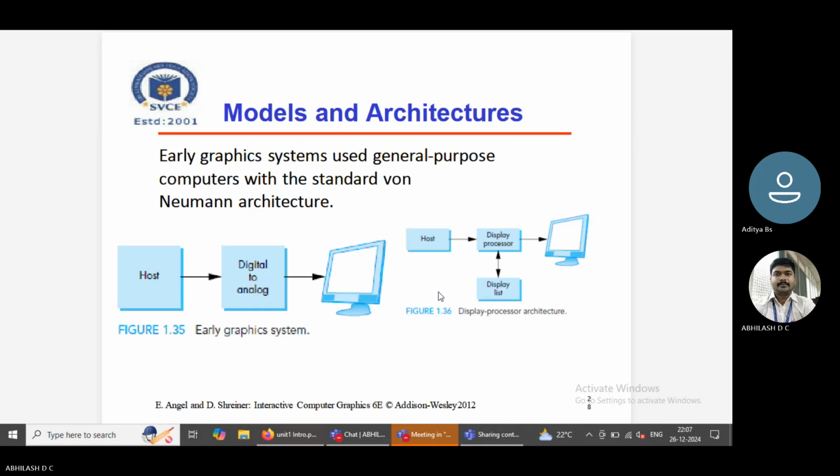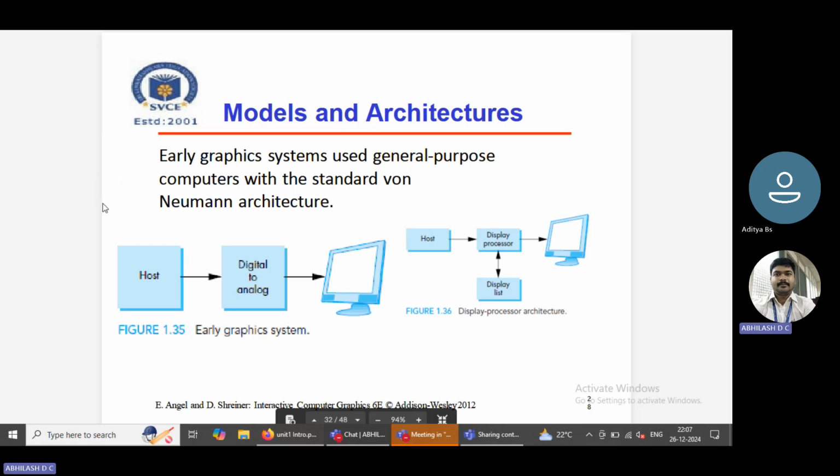So yes. Next comes the architecture and model. In the earlier graphics system, the main thing was intensity. You have seen the older television sets, right? Whatever digital information we get has to be put into the TV, which is analog, right? That's why I'm telling you about the older television set.